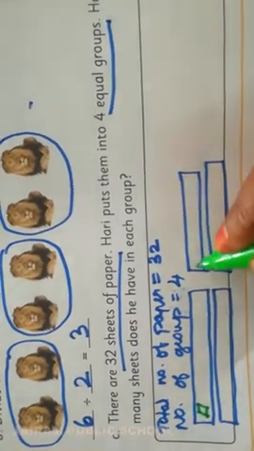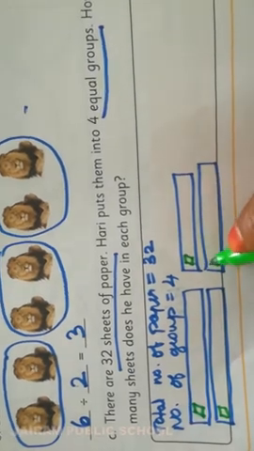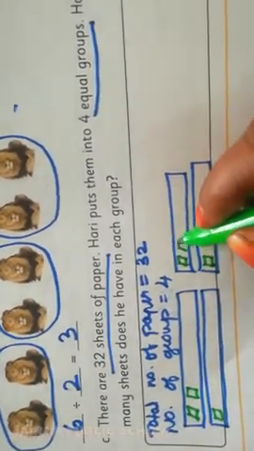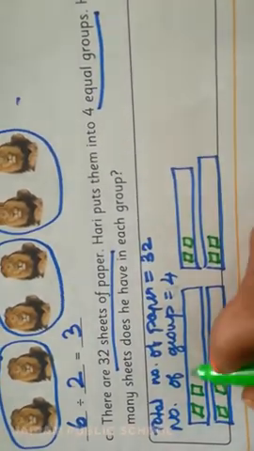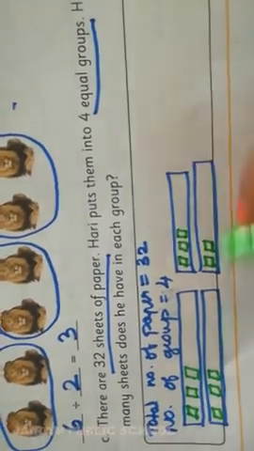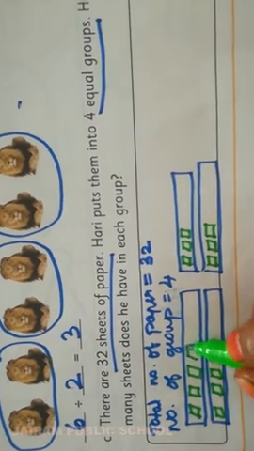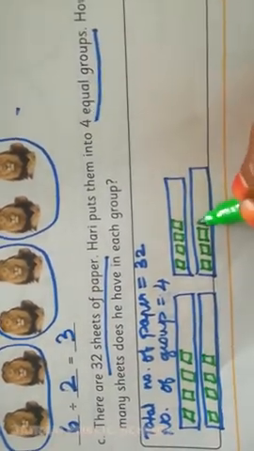1, 2, 3, 4. Next set 5, 6, 7, 8. Next set 9, 10, 11, 12. Next set 13, 14, 15, 16.